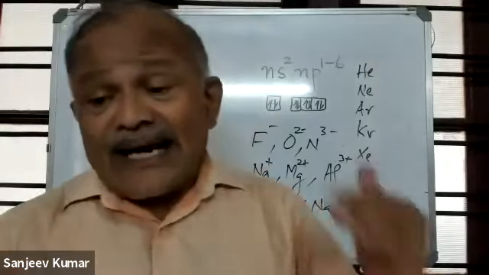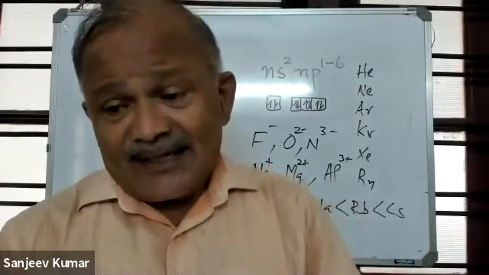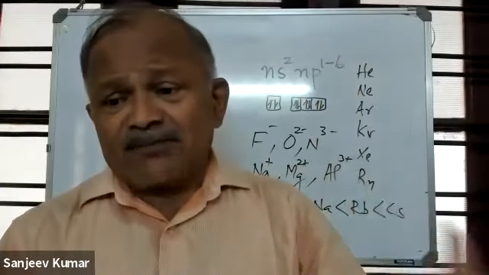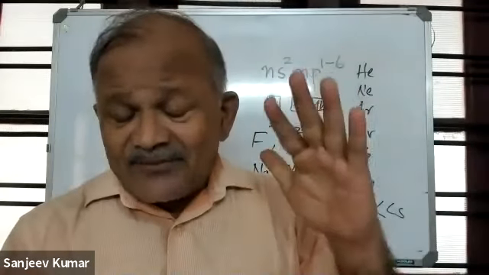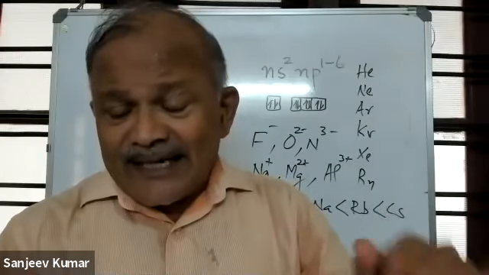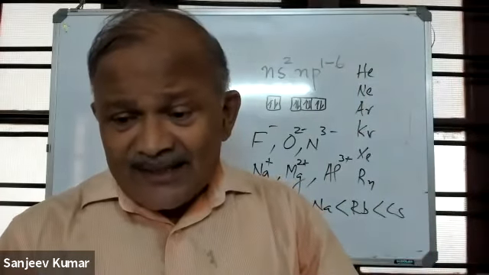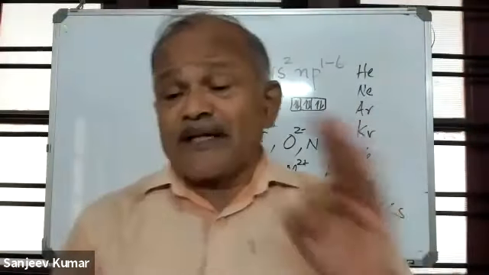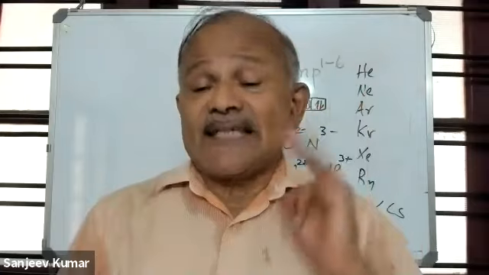The 15th group is the nitrogen family: nitrogen, phosphorus, arsenic, antimony, and bismuth. Second period nitrogen, third period phosphorus, fourth period arsenic. So 4s2 4p3 means it is arsenic.